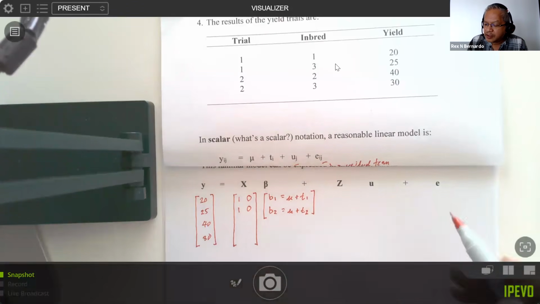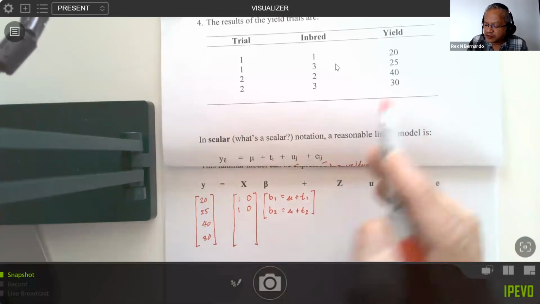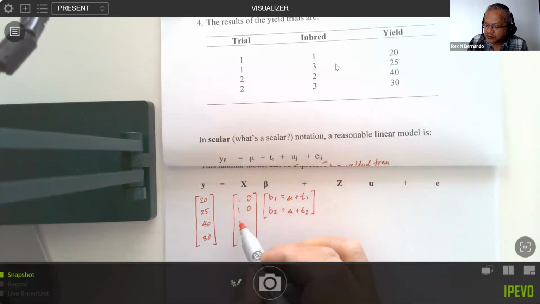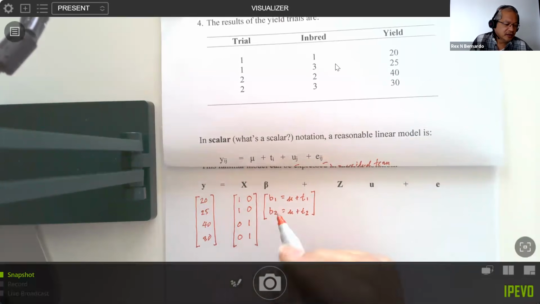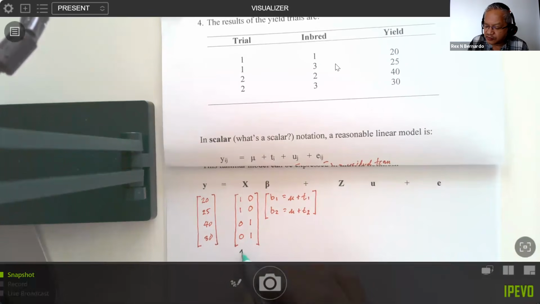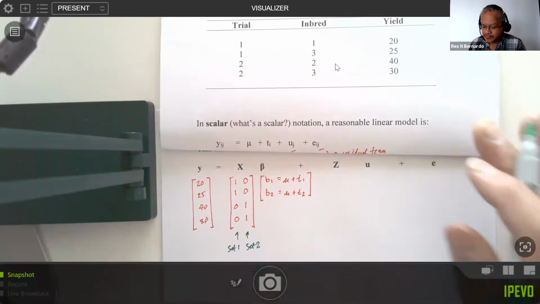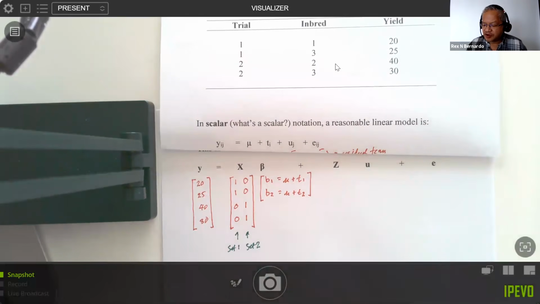And then the 40 was in set 2, so I'd put 0 and 1, and then 0 and 1. So the way to think of this is that the first column refers to set 1, and the second column refers to set 2. All right. Questions, comments? Is that clear so far?